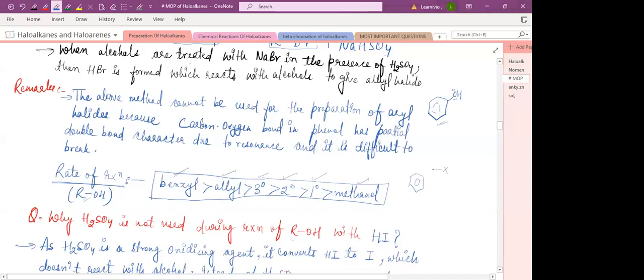The halogen group is attached to an sp3 hybridized carbon, and this sp3 hybridized carbon is attached to the benzene ring. The rate of reaction in benzyl alcohol is very fast. This reaction will proceed very fast in benzyl type alcohol. Then allylic, then tertiary, then secondary, then primary, then methanol. Just remember this sequence.